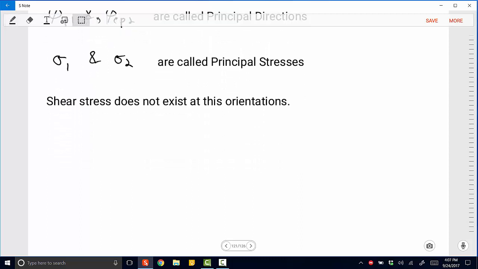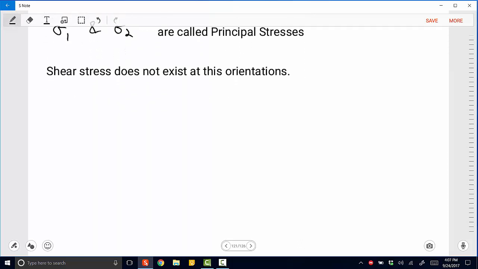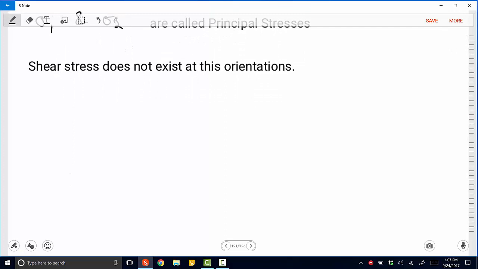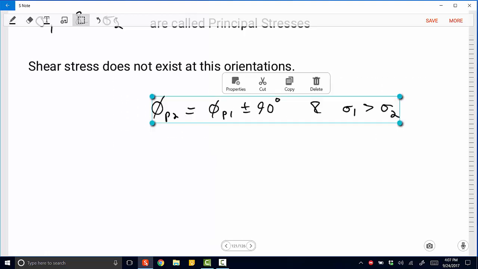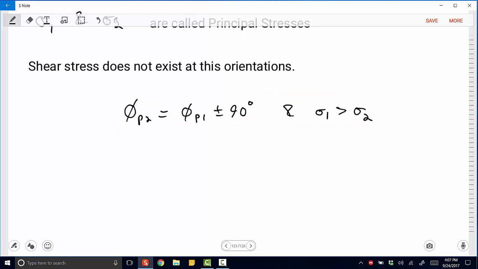And then we can also find, through manipulation, there exists a relationship between phi P1 and phi P2, where phi P2 is equal to phi P1 plus or minus 90 degrees, and where sigma 1 is greater than sigma 2. So it's larger than sigma 2.